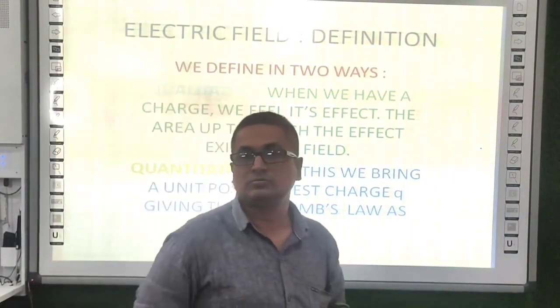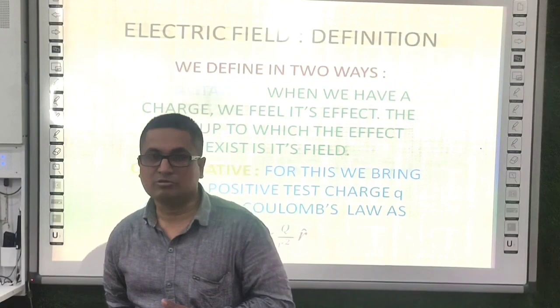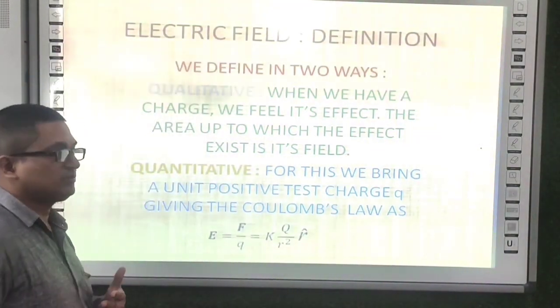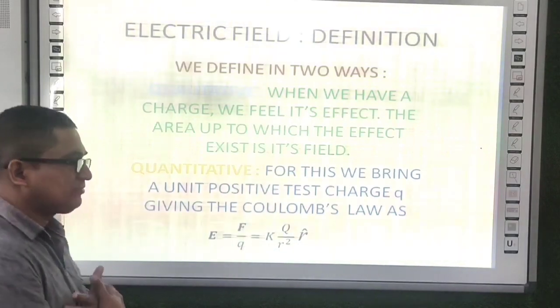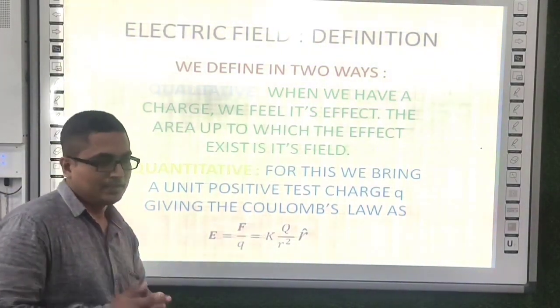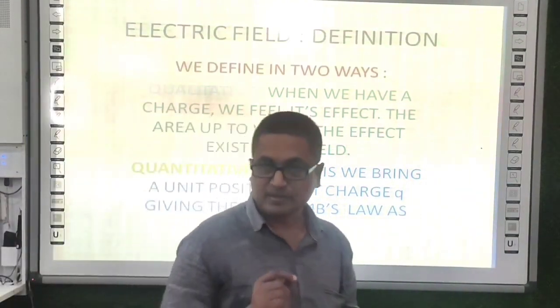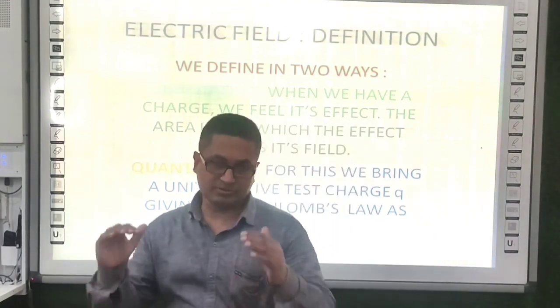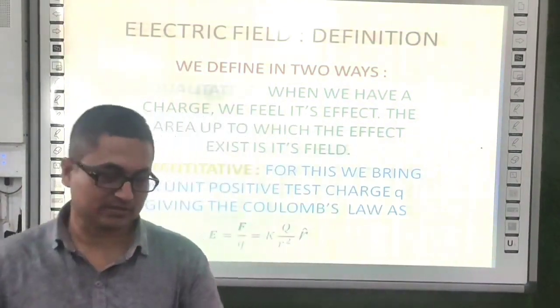There are two ways, one is qualitative and the second one is quantitative. Both the definitions are very useful. The first definition, that is the qualitative definition, is that if we take a charge, that charge has some effect and there is a region of space up to which we can feel that effect.